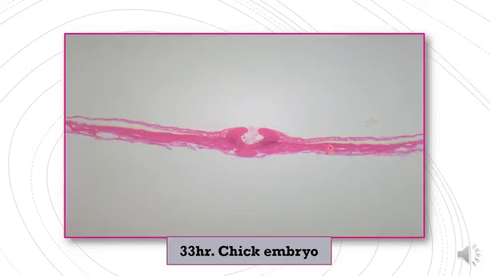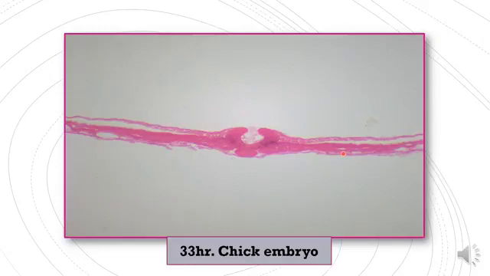The lateral plate of the mesoderm has 2 layers. The layer adjacent to the ectoderm is called the somatic or parietal lateral plate of the mesoderm. And the layer adjacent to the endoderm is called the visceral or splanchnic lateral plate of the mesoderm.